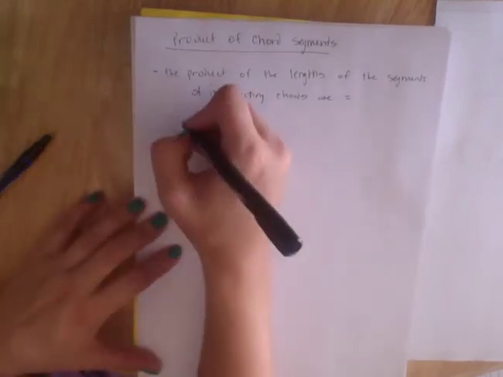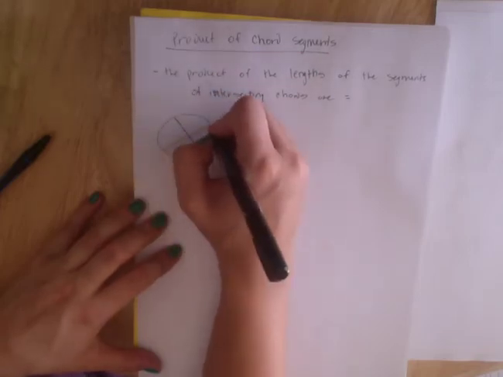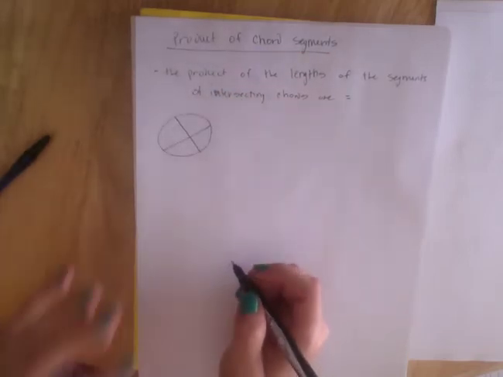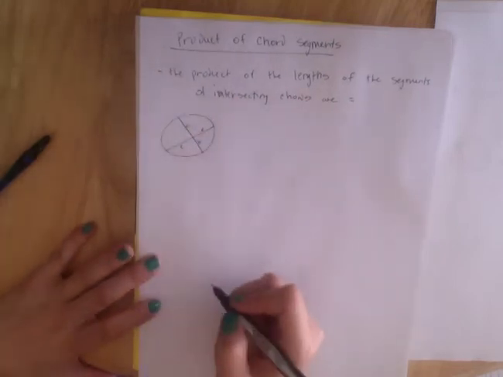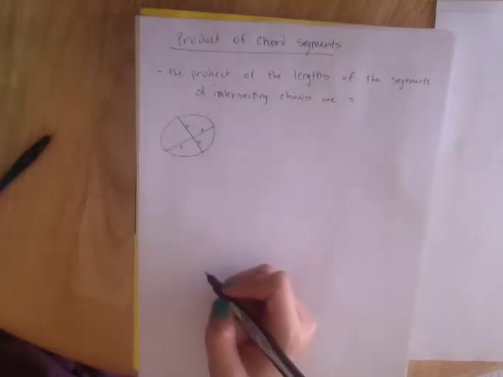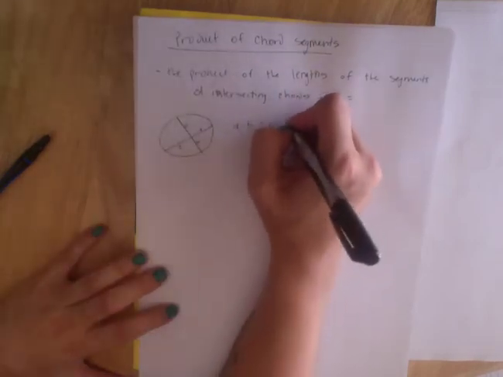So if we have a circle, we have two chords. Remember, a chord goes from one side to the other. And let's say I labeled this A, B, C, D. The product of the segments are equal. So A times B equals C times D.